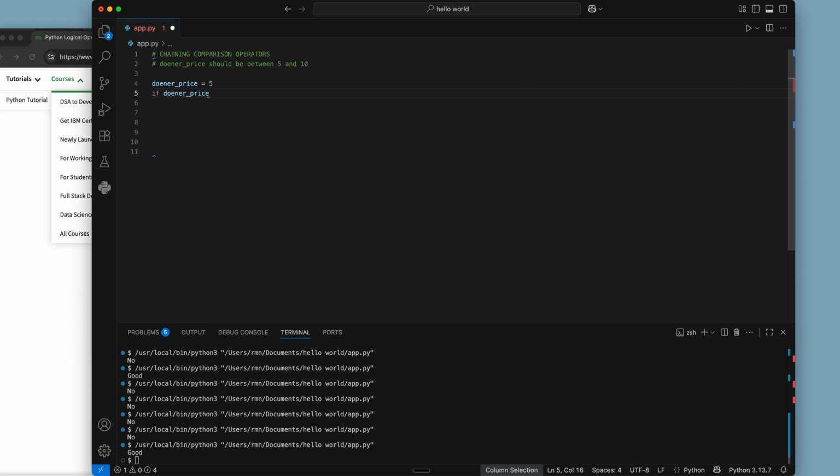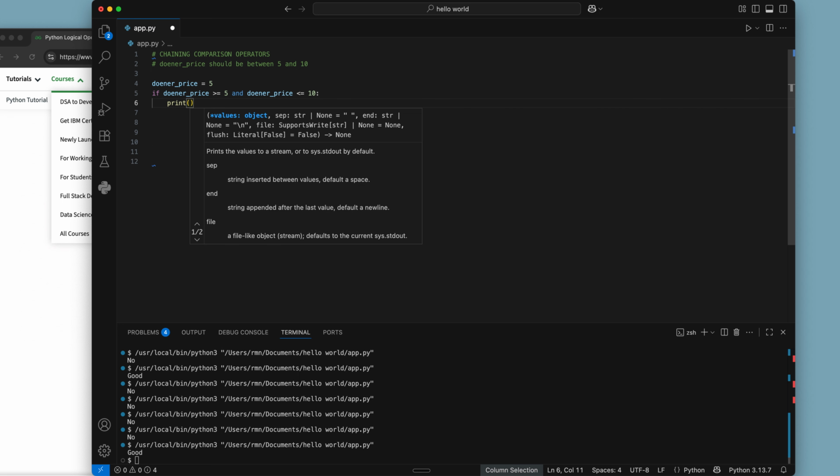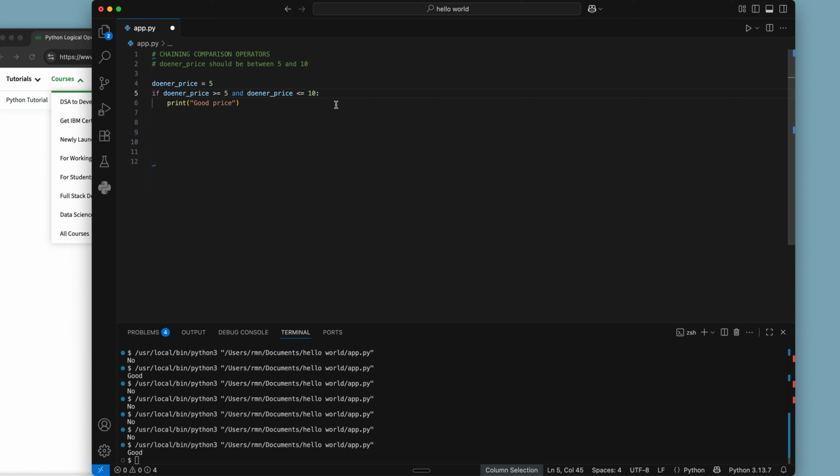If Döner price is greater than or equal to 5, and Döner price less than or equal to 10, colon, print, open bracket, quotation mark, good price. All right, now let's run this.